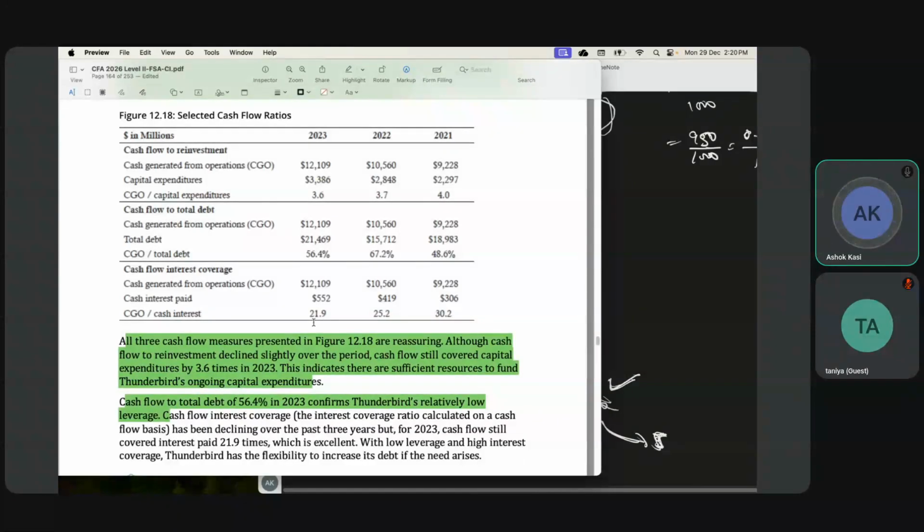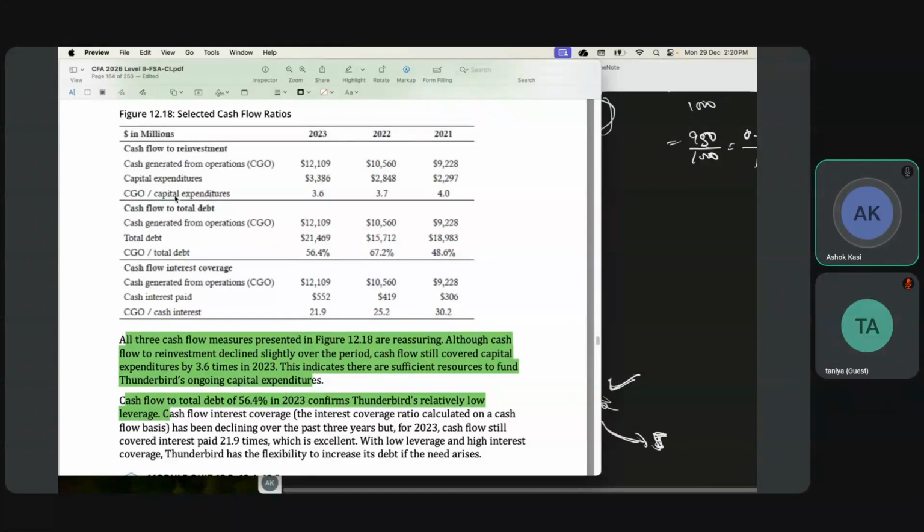How? Because for every 1 rupee of capital expenditure, cash generated from operation is more, which is good. From every 100 rupees of debt, cash generated from operation is 21, 22, 23, increasing and decreasing.